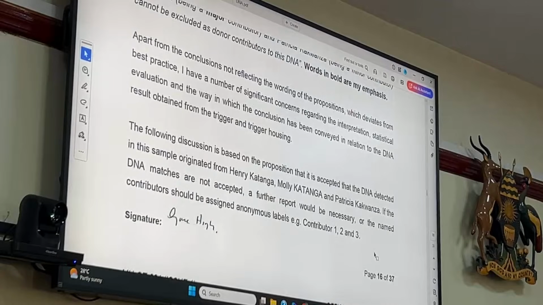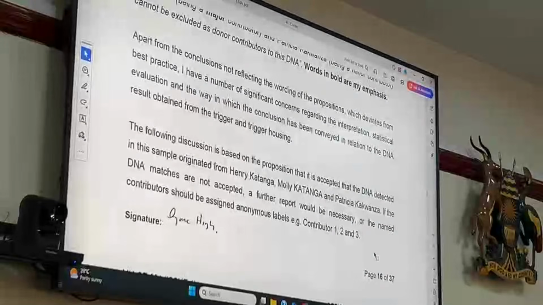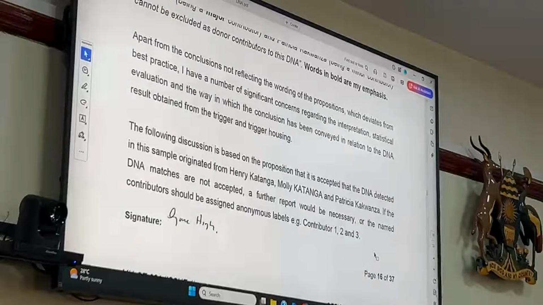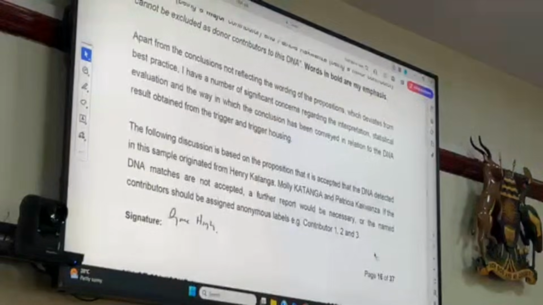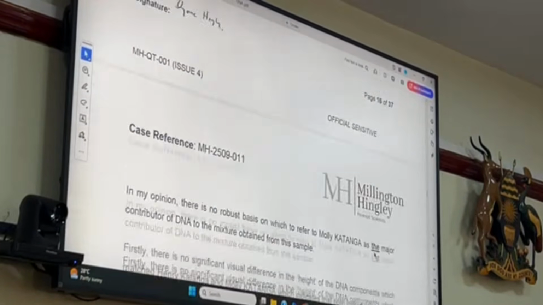And so this sample 19, what sample was it? This was from the trigger and trigger housing. The thing I want us now to very quickly and briefly go to is the magazine.